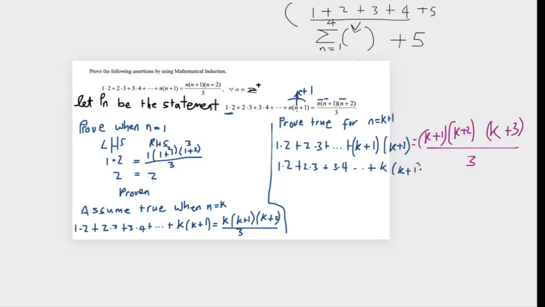So this portion that I have here represents a series from 1 to k. But because this represents the series from 1 to k plus 1, so that this represents the same, I'd add the k plus 1 term, which would be just this little portion here, which is k plus 1 times k plus 2.